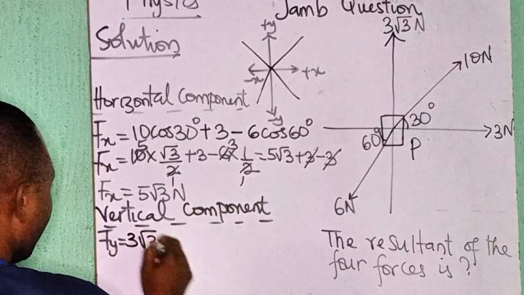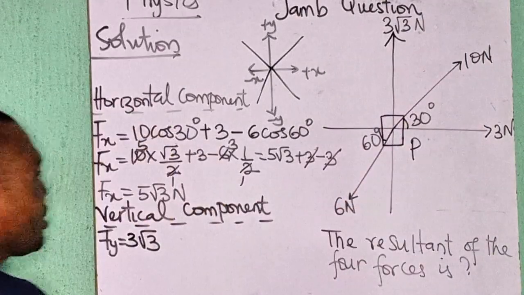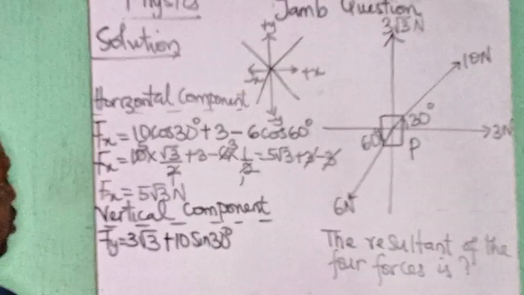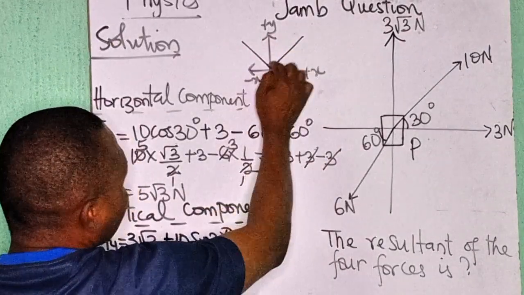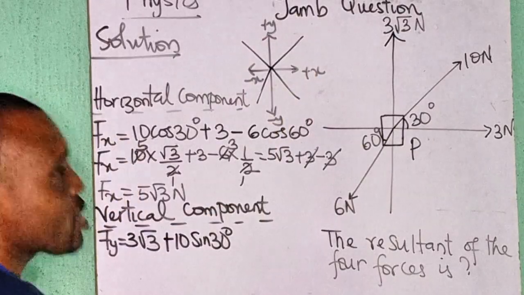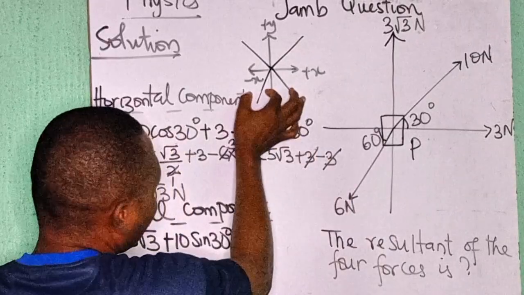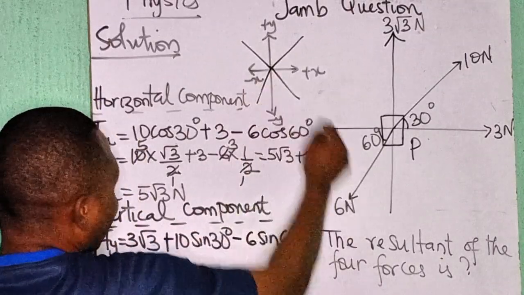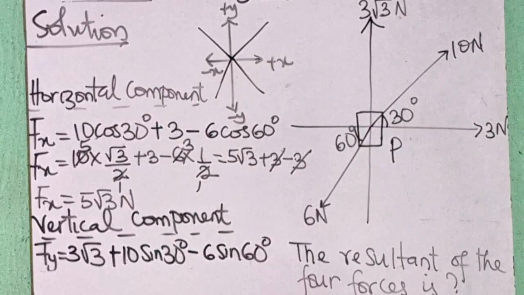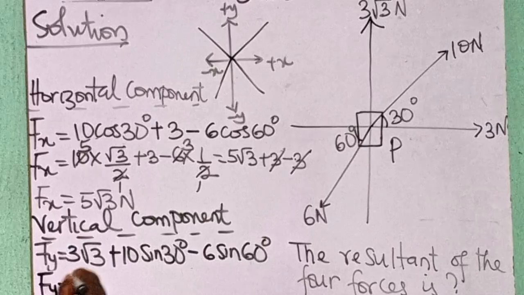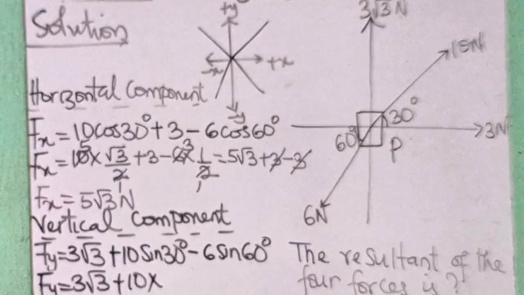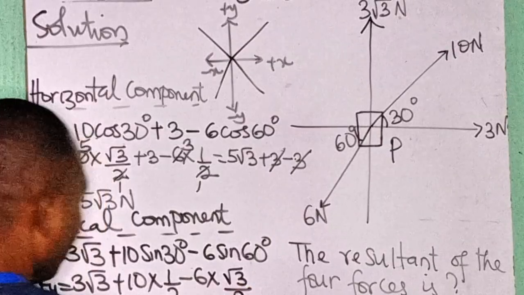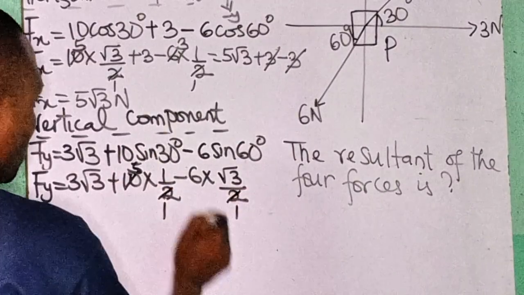Then the 10 Newton is plus 10 sine 30 degrees, plus because it points upward along the positive y-axis. The 6 Newton is along the downward direction, so it's minus 6 sine 60 degrees. So Fy equals 3√3 plus 10 times sine 30, which is 1 over 2, minus 6 times sine 60, which is √3 over 2. Two into 10 is 5, and two into 6 is 3.